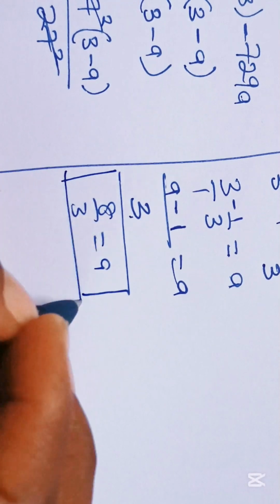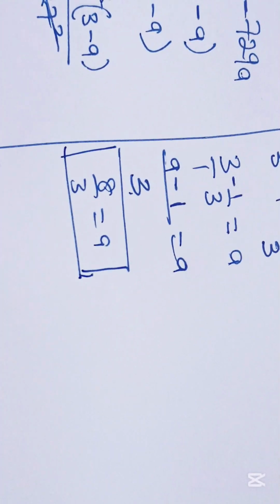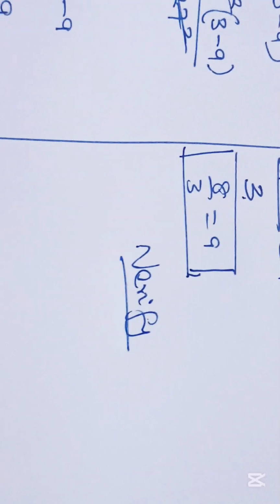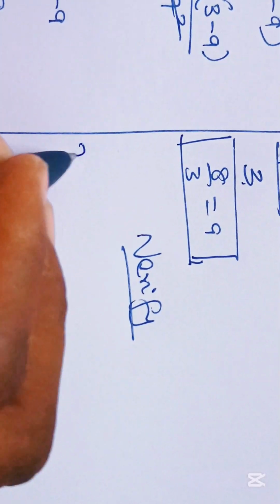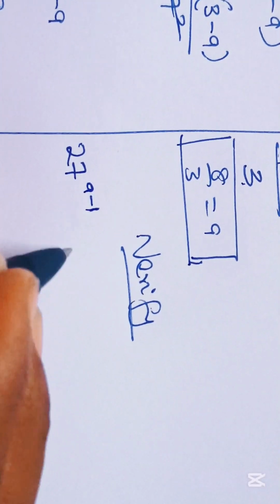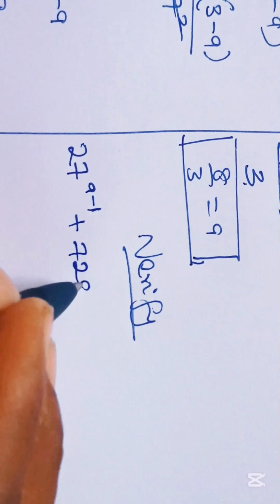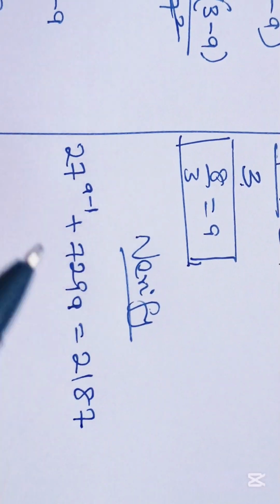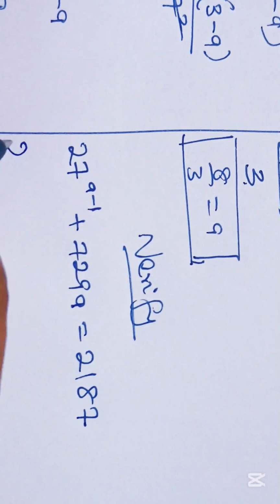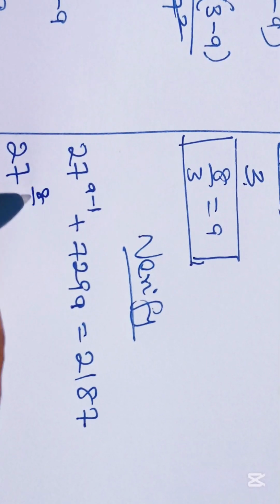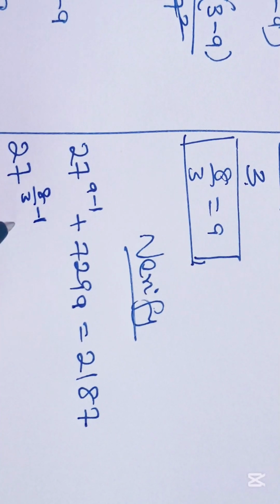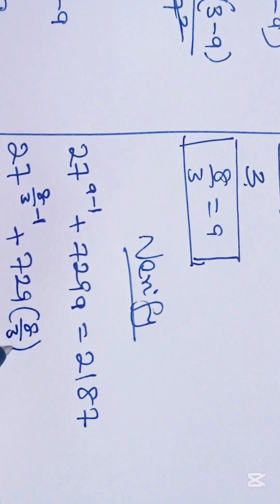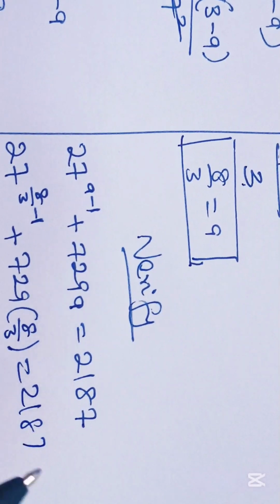Now it's time to prove the answer. Remember that this is the most interesting aspect. So let's verify. The equation says 27 to the power of a minus 1 plus 729 multiplied by a is equal to 2187. So let's substitute our a. We have 27 to the power of 8 over 3 minus 1 plus 729 bracket 8 over 3 is equal to 2187.